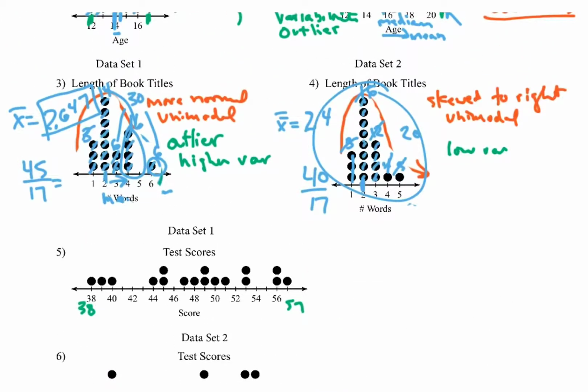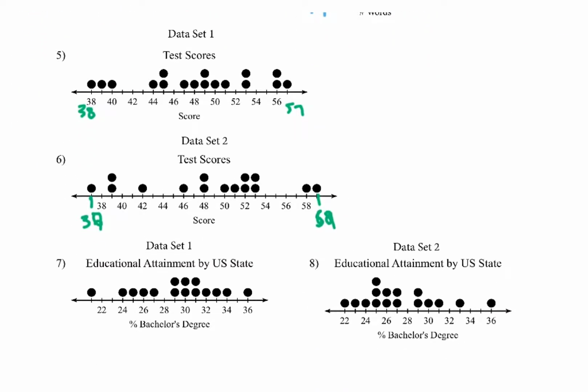But if we look at these other ones, definitely different variability, but it's a different data set. So they have about the same variability, which I'd probably say is pretty high, especially with test scores. Generally, lower test scores like this, this is an interesting test. This must not be percent, but just a score out of something. So I'd say that's a pretty high variability that we've got. And because of that high variability, it's harder to have outliers, so I doubt there are any outliers on those. So that's our spread.